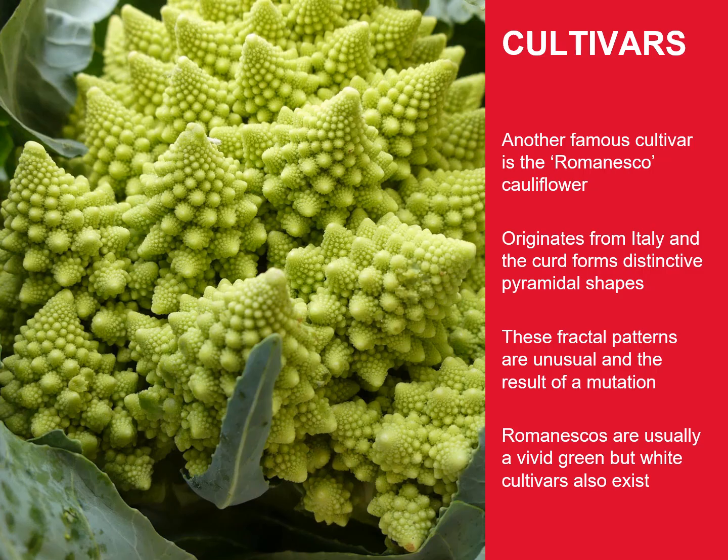Again, it's been questioned whether this is natural, but it's the product of human breeding and selection of different mutations which have arisen over many centuries. Romanescos are usually a vivid green colour, but there are also white variations.